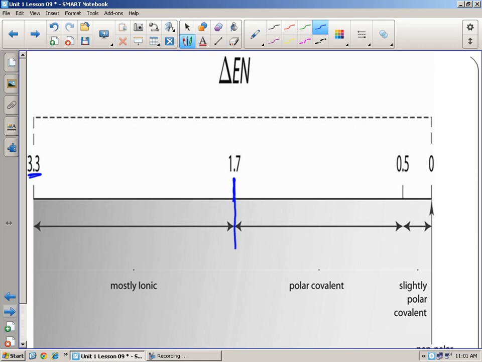When the difference in electronegativity is between 3.3 and 1.7, so if you find 2 atoms and you subtract them, and it's between those 2 numbers, you would say it's probably ionic. And I would probably, for the most part, agree. If it's between 1.7 and 0.5, we classify that as polar covalent.